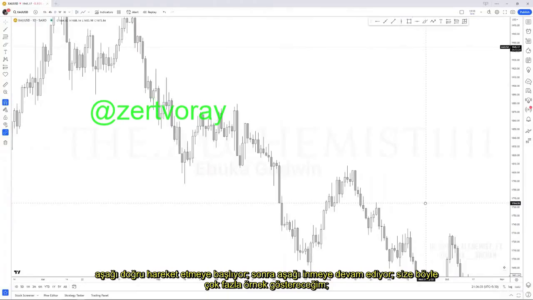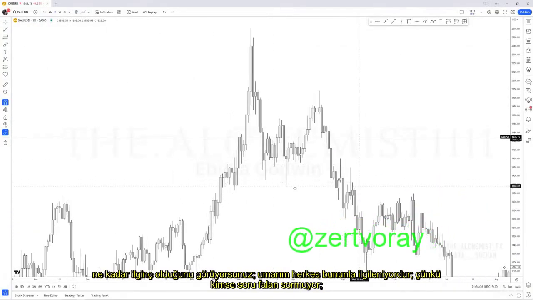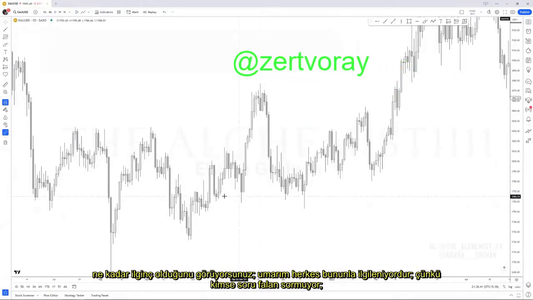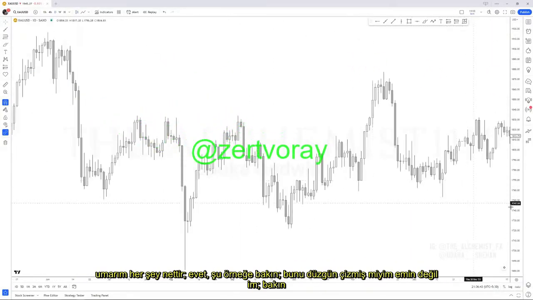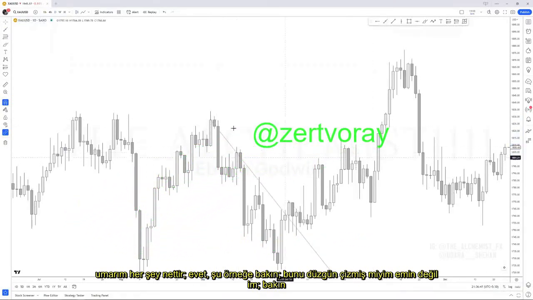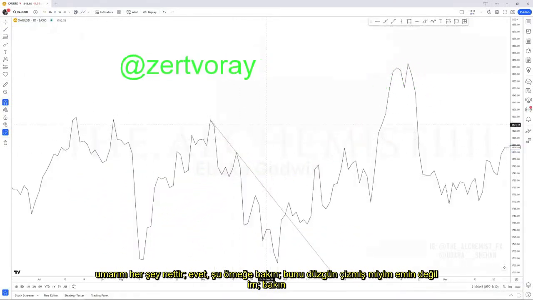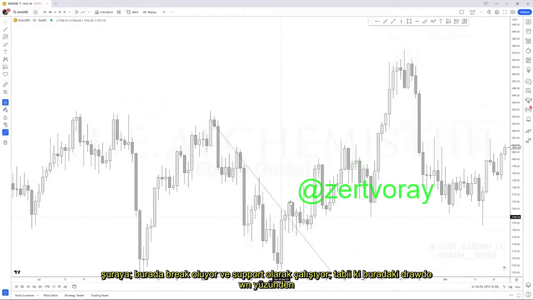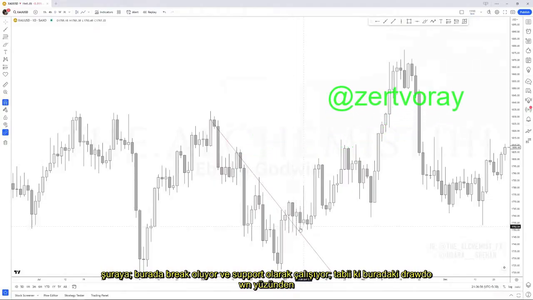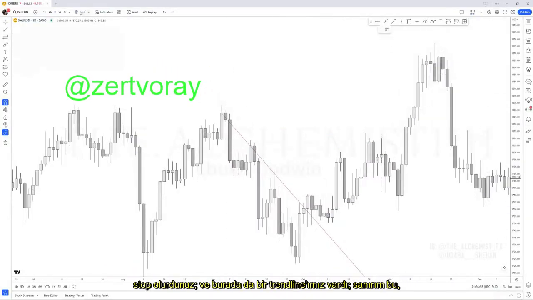There's many, I'll show you. You see how interesting this is, right? Hope everyone's interested in this because no one's asking questions or anything. So hope everything is clear. Yeah, look at this one. Don't know if I drew it properly. Look at that. In here, breaks, acts as a support. Of course, you would have got stopped out here because of the drawdown, right? And even in here, we had this trend line.